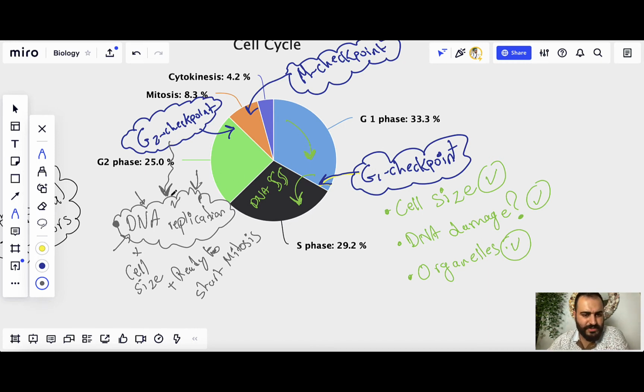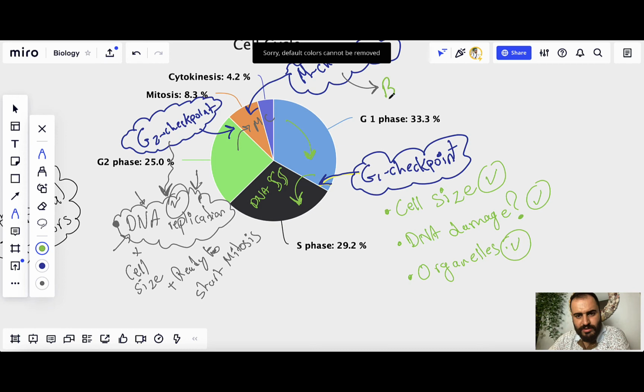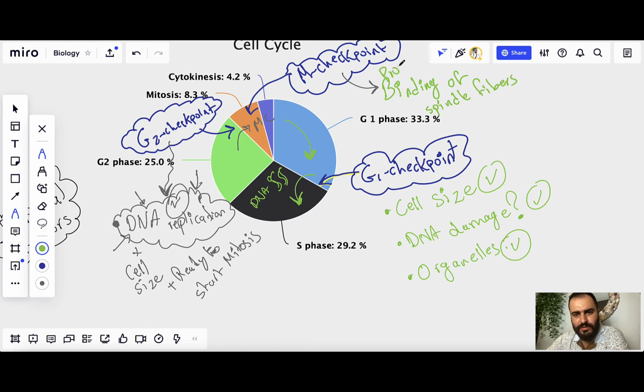Now, if this is checked, then the cell will proceed into mitosis, and the M checkpoint is going to check mainly for the binding of spindle fibers, the proper binding of spindle fibers to chromosomes.